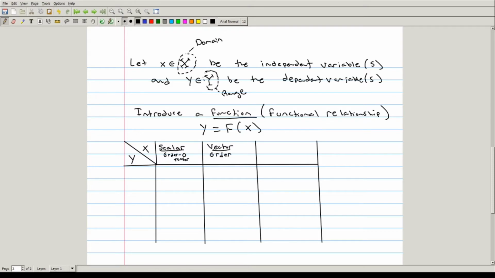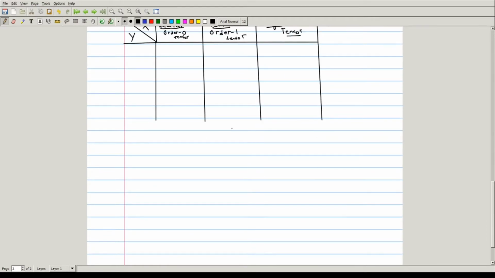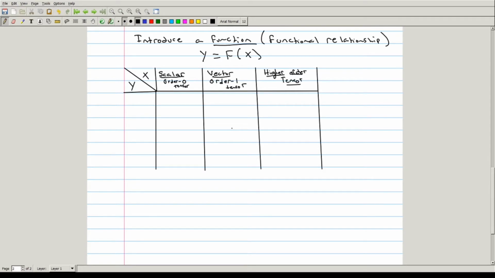Remember, a vector is just an order 1 tensor. And we'll just put higher order tensor. x could also be a higher order tensor, so rank 2 tensor, rank 3 tensor, and so on and so forth.